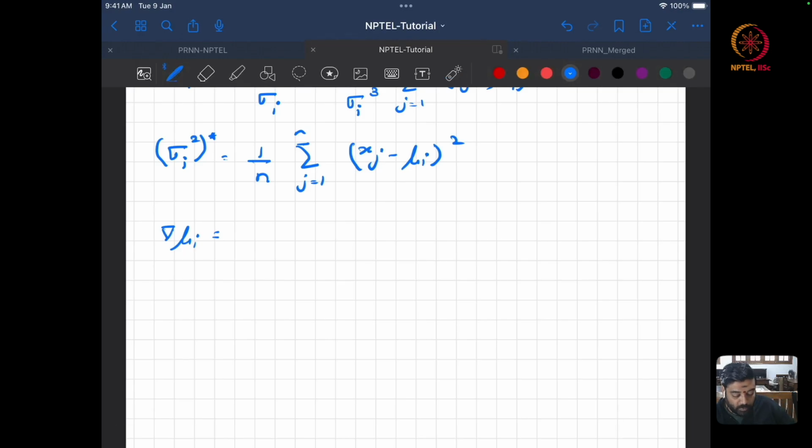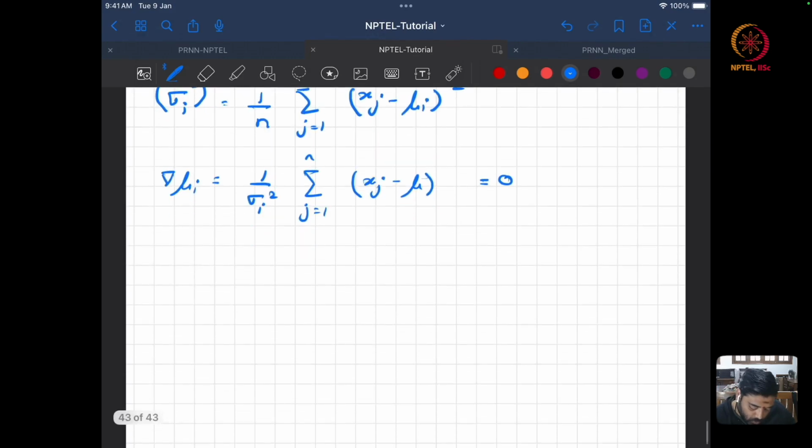So that will be 1 over sigma i square summation j equals 1 to n (xj minus mu). Okay, this you equate to 0.